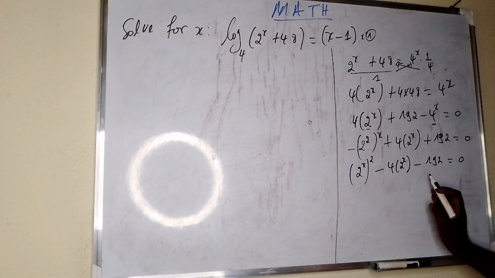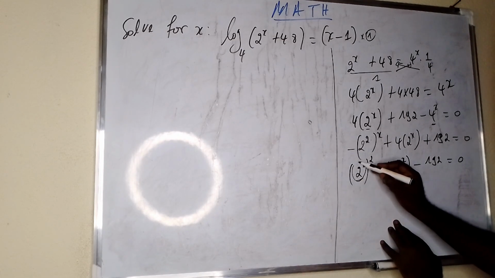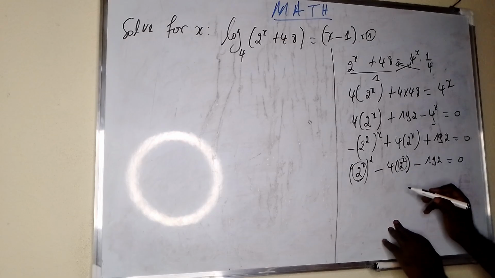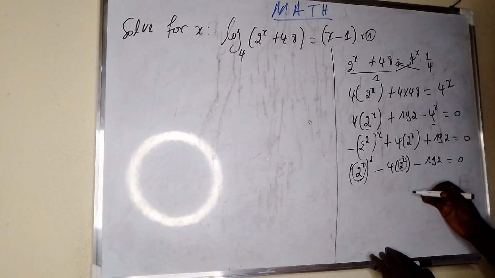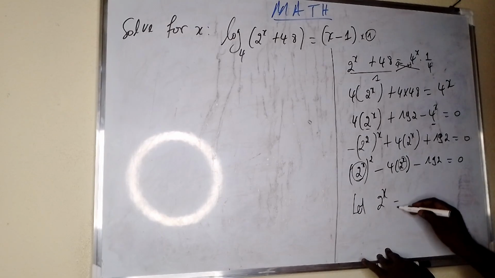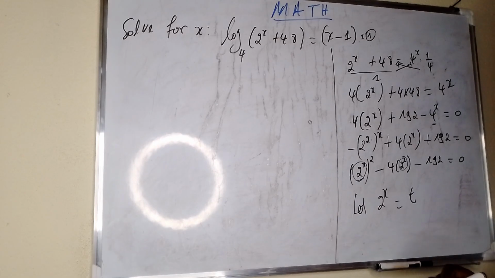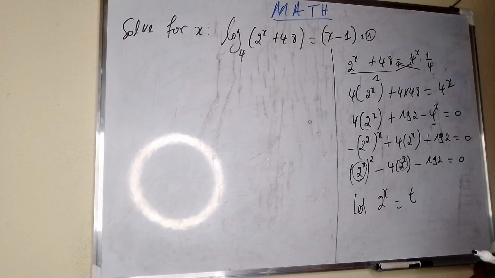And then from here, as we see, this one is the same as this, but this has power 2. So when we look at this, we can change the parameter. We can say let 2 power x equal to t. When we let this, automatically we are heading to the quadratic equation.